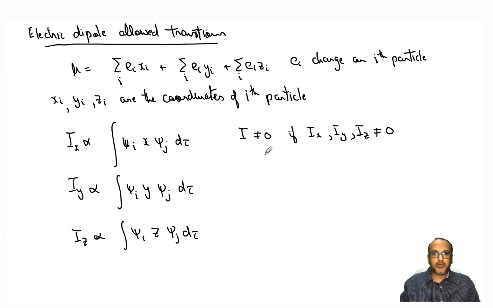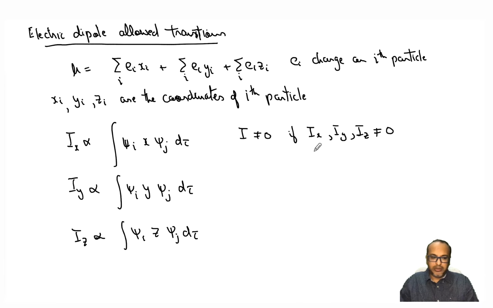So we need to calculate the individual contributions of intensities, and if any one of them is not equal to 0, we will say that the spectral transition will happen, otherwise the spectral transition will be forbidden. And that's how you define the selection rules, whether these two states will have a transition from one state to another or not. Given the particular frequency, the transition will be allowed, otherwise it will be disallowed, right?